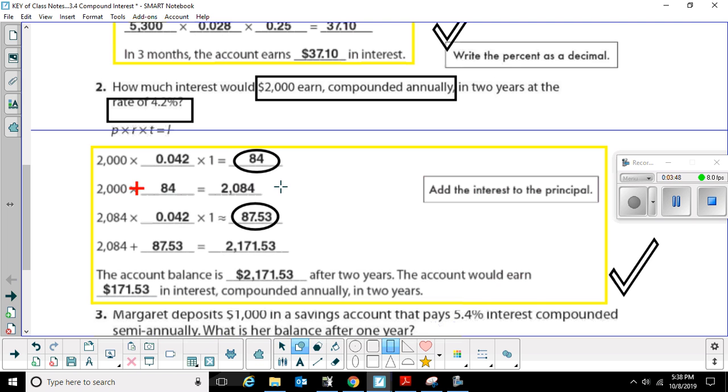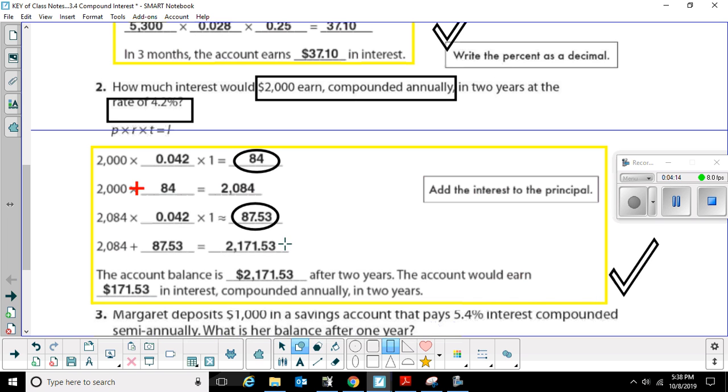That's my new balance. Throw that balance here, multiply that by my rate. 1 times 1 because it's annual. There's my new interest after the second year. So this is interest after my first year, interest after my second year, okay? I throw that second interest back into the principal.